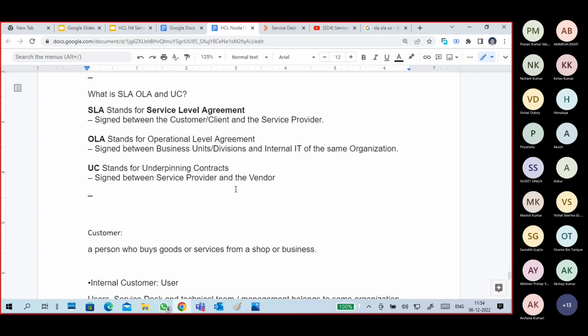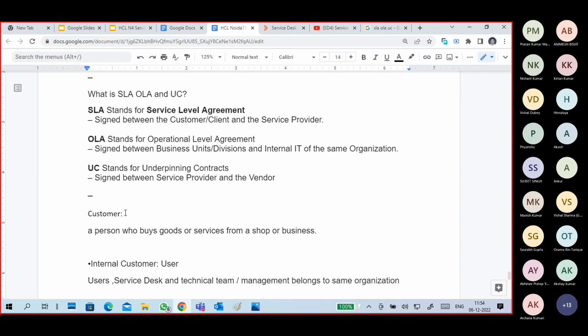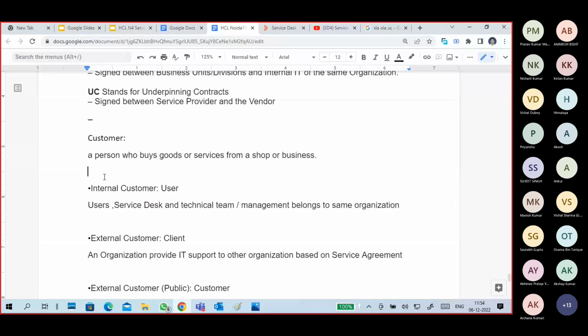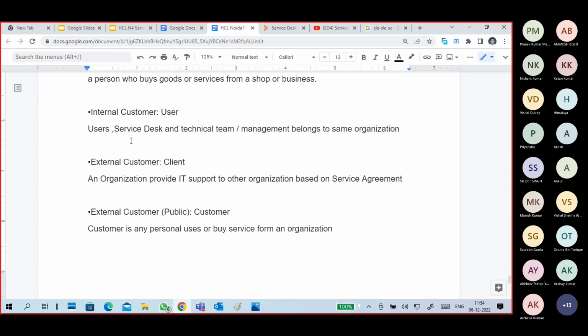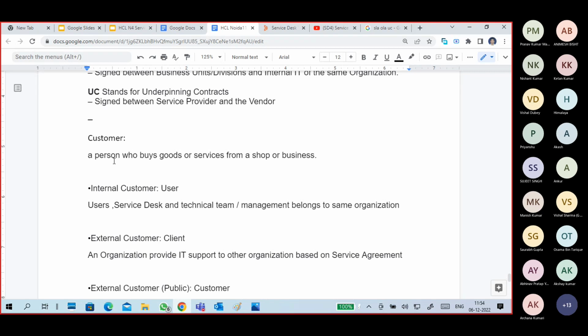I'm not talking about time duration, I'm talking only in the form of this. Okay, the last one is about a customer, guys. Then we'll take a small break. Then service desk and other points are also there, and different types of service desk we'll discuss.